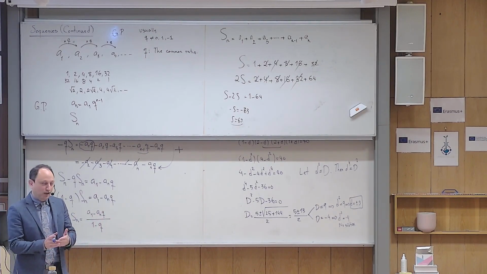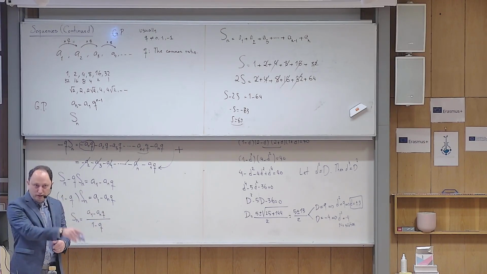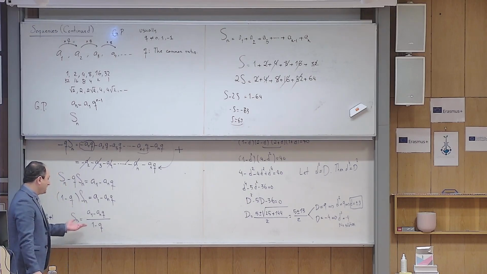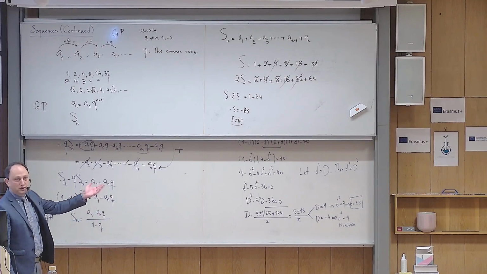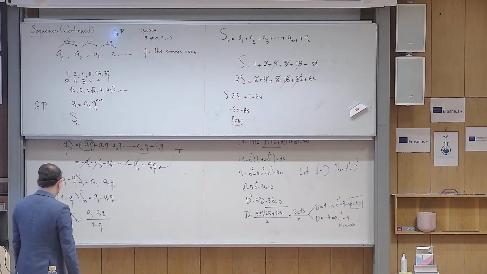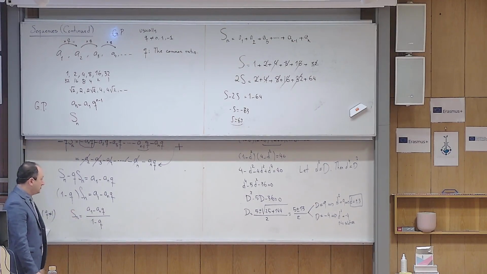And if I ask you to find the sum of equal numbers, you just multiply that number by the number of repetitions. So the hard one is the one where q is not 1. If q is 1, we really don't need to go through this torture, yes? We just multiply that number by the number of repetitions. So that's not a big obstacle. I just want to tell you that this formula is valid only if q is not equal to 1. Okay, but this is not the formula that you have in the book.